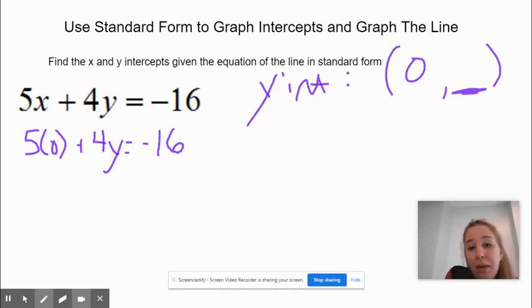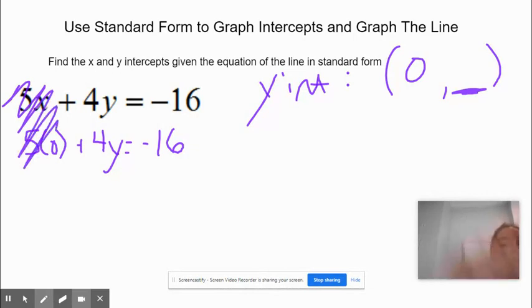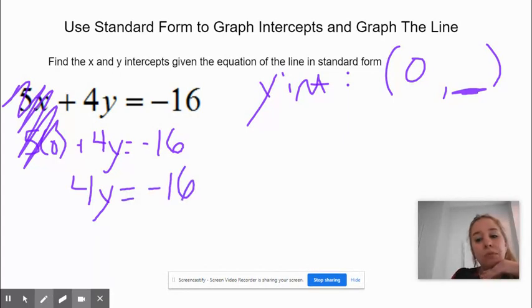Some of you might just be able to jump to the fact that if I'm going to plug in 0 for my x term, it's just going to disappear no matter what. Now we divide both sides by 4.